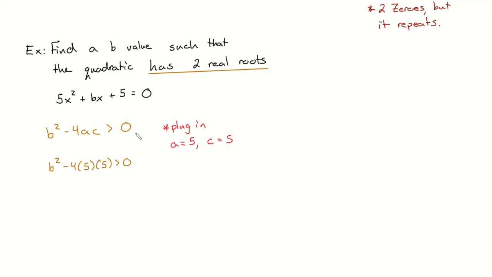And I'm going to just do little steps along the way. I want to clean this up. B squared minus what number? 100. Somebody second that? 4 times 5 is 20 times 5 is 100. I agree with that. Is greater than 0.